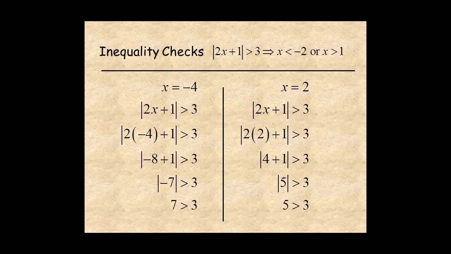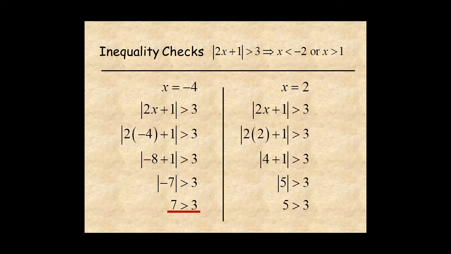To do the checks, rewrite the inequality and substitute the selected values. On the left, 2 times negative 4 plus 1 is negative 8 plus 1, and negative 8 plus 1 is negative 7. Since the absolute value of negative 7 is 7, you have the true statement 7 is greater than 3, and the left inequality checks.